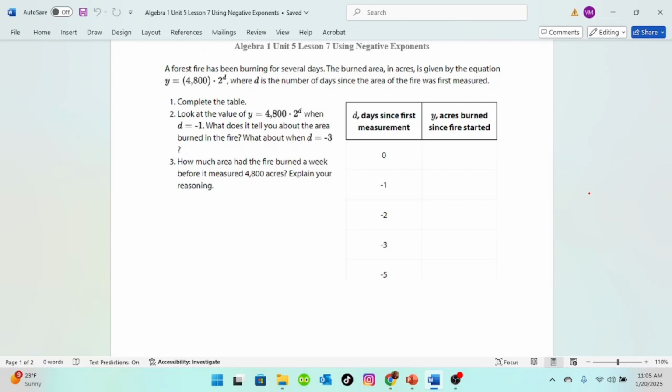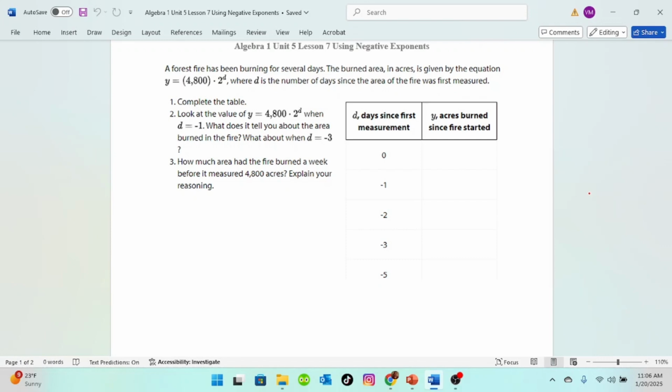That's what that negative is meaning. So instead of us saying 1 day after the measurement, 2 days after the measurement, and so on, we're saying 1 day before the measurement, 2 days before the measurement, 3 days before the measurement, and 5 days before the measurement.